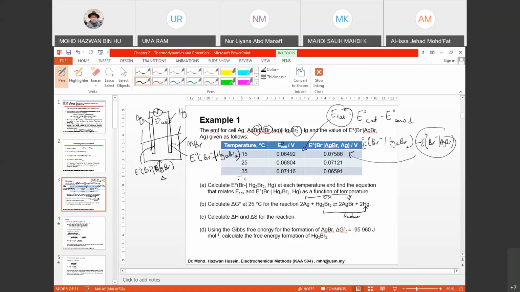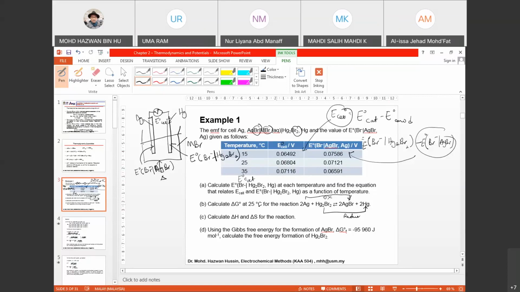We want to find E cathode at each temperature, and find the equation that relates cell potential and the cathodic potential as a function of temperature. To answer question A is basically very simple.